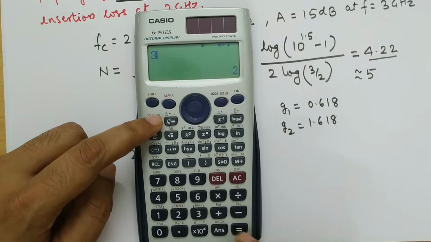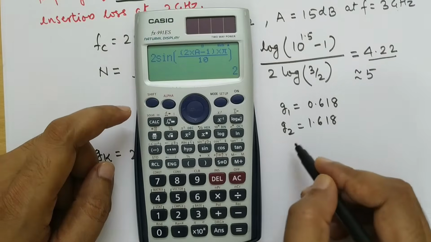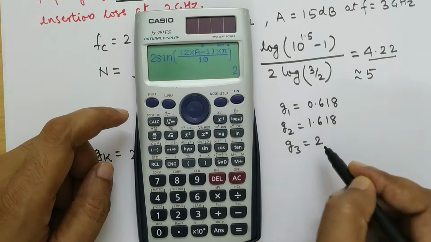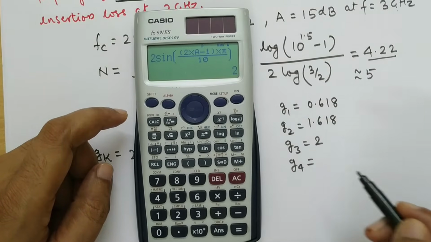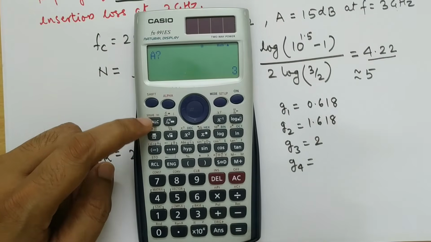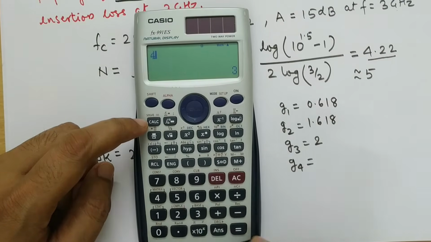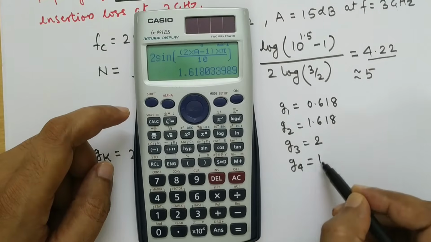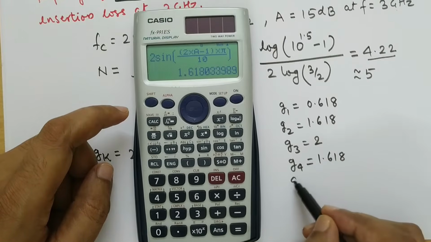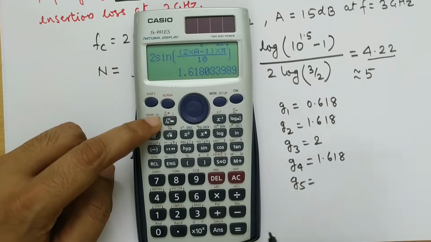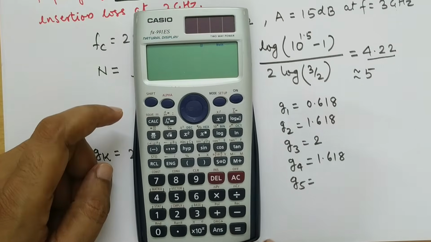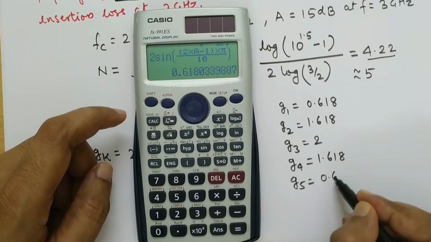For 3, the value is 2, that is G3. G4, calculate 4, is equal to 1.618, then G5, calculate 5, is 0.618.